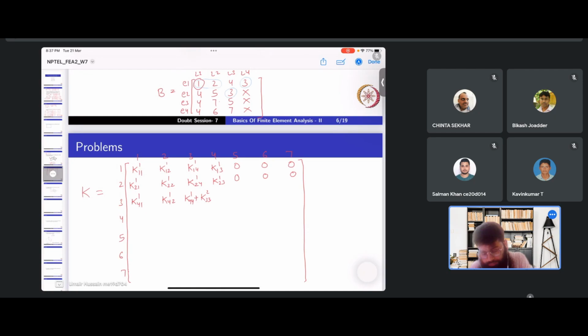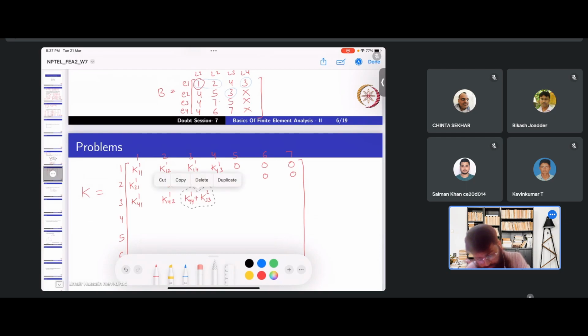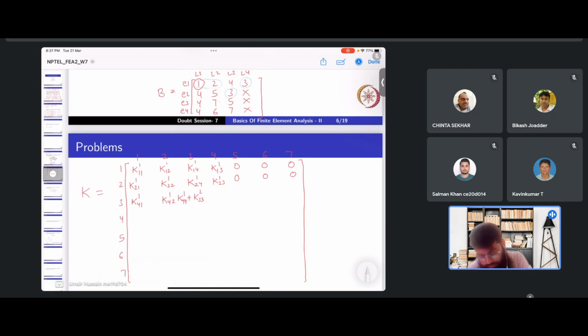And 3 4. The 3 4 connection is there. 3 4 is part of element 1, of course, plus it's part of element 2 also.